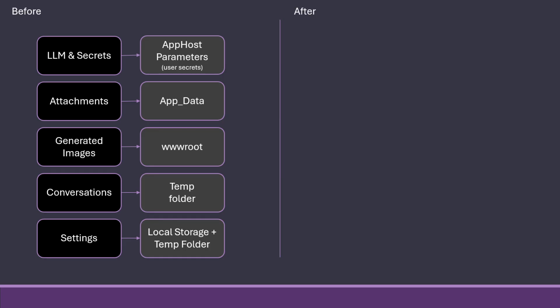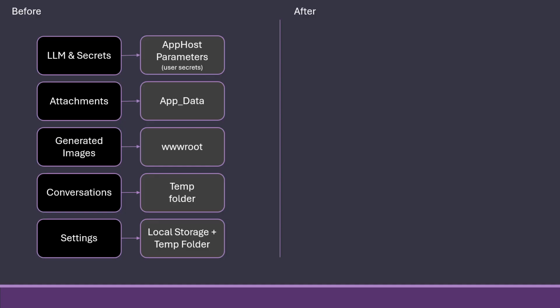So it could run on a local Windows machine, but it couldn't really run up in the cloud had we made a publish of it, because those temp folders were ephemeral, and we wouldn't be able to ensure that things were being saved. The same goes for app data and wwwroot.